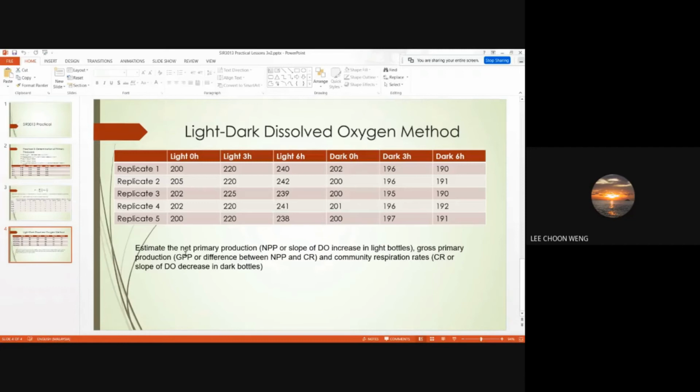Then from the slope, what you see in the light bottle will be your NPP, net primary production. What you see in the dark bottle is your community respiration rates. And then the difference between this and this will give you your gross primary production.